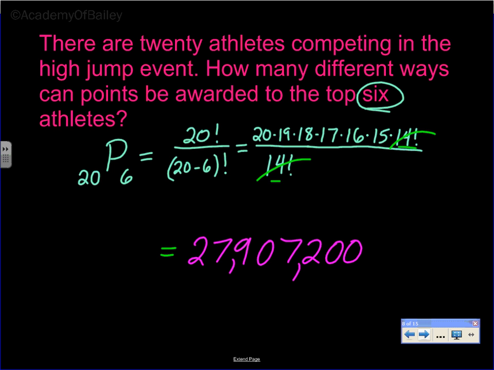There are 27,907,200 ways in which, from 20 high jumpers, 6 of them can receive points.